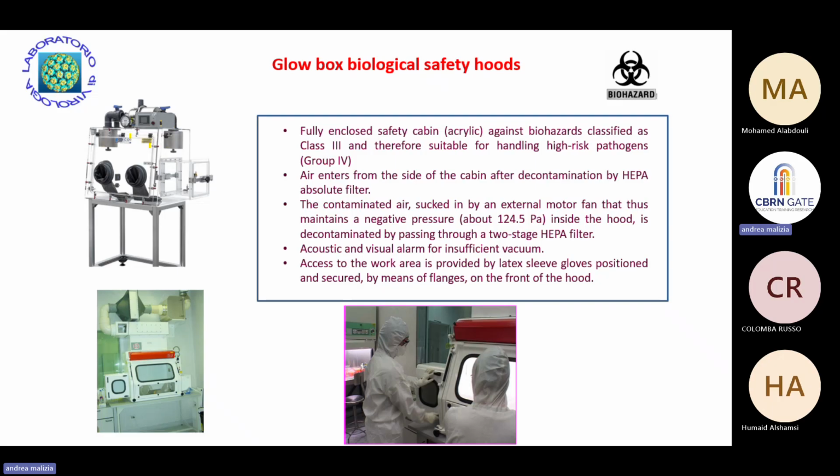When you open the window inside, if the outside of the sample is contaminated, when you open the windows, you use material for decontamination. Okay. So you use alcohol or decontaminant.